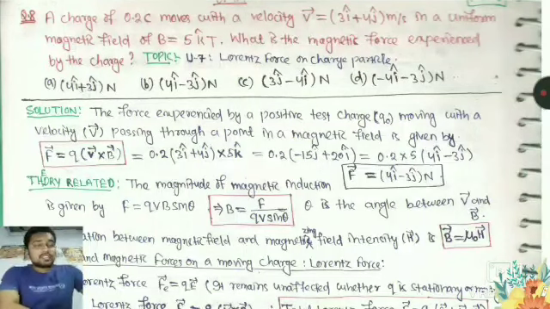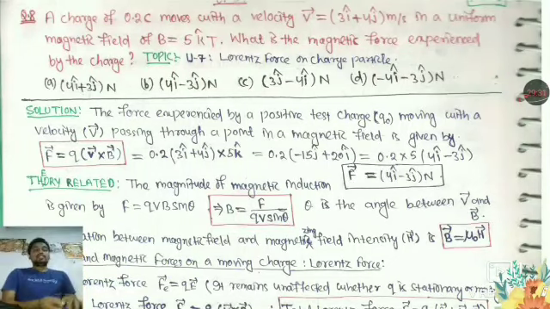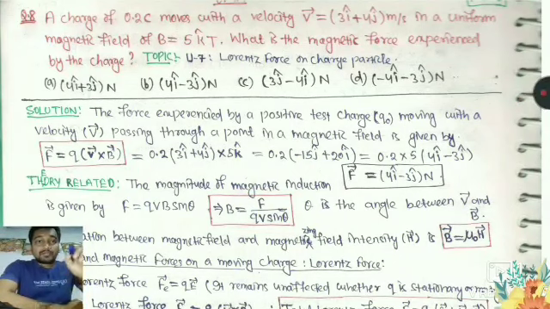Then moving to the Lorentz force. You know what is Lorentz force? Lorentz force is the force experienced by a positive test charge moving with velocity v, passing through a point in a magnetic field.